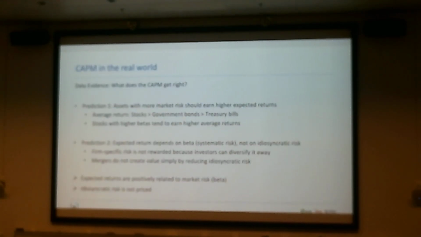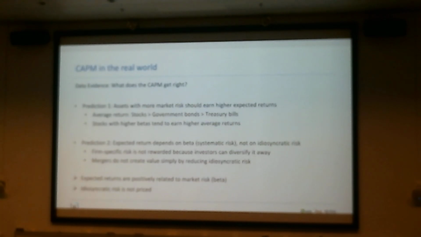In general, the prediction is that assets with more market risk should earn higher expected returns. And this is definitely the case in reality. If you just think about the examples where we looked at the past returns, I think it started in 1927, the development of stocks, government bonds, and treasury bills, then you saw that in the long run, stocks really outperform the others.